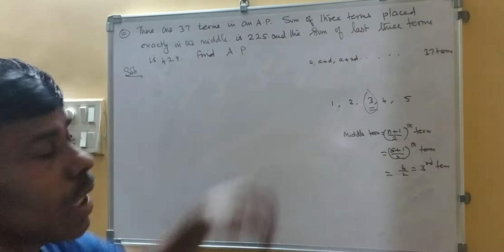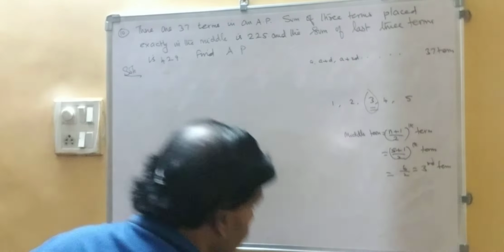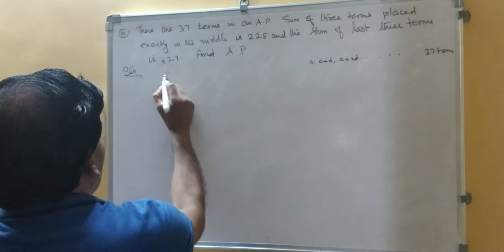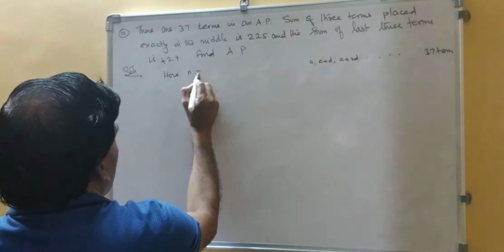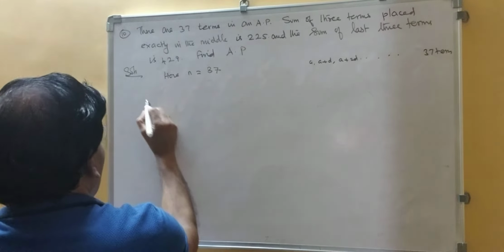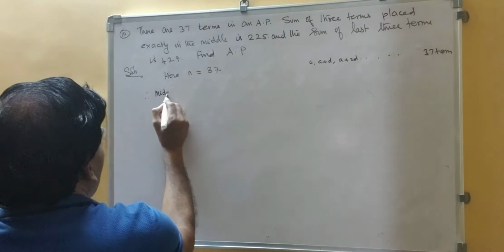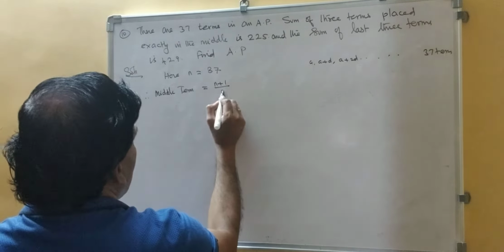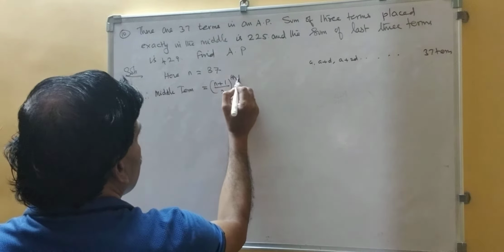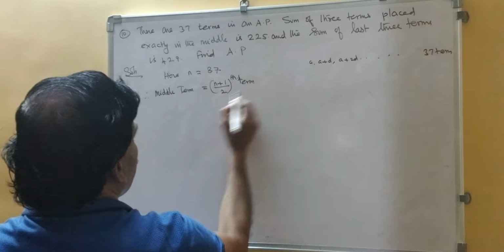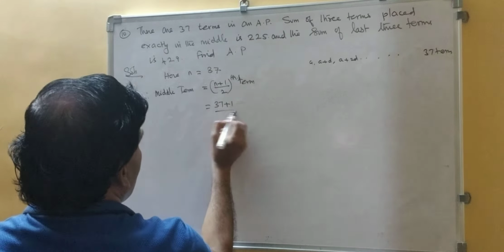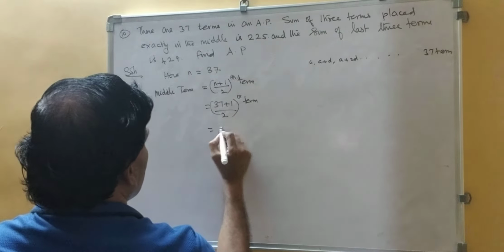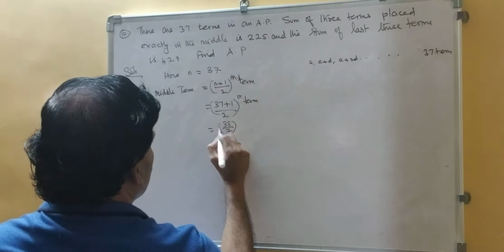Now here also there are 37 terms. So here n equal to 37. Therefore, how to find out the middle term? I explained to you. Middle term equal to (n plus 1) by 2 th term. So 37 plus 1 upon 2 th term equal to 38 by 2 th term.